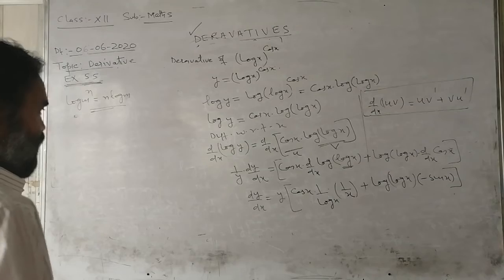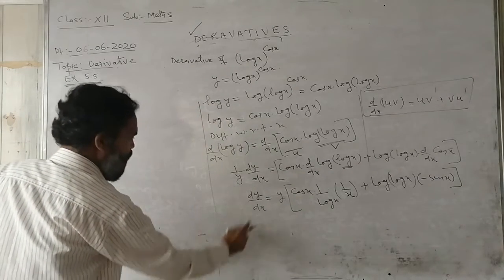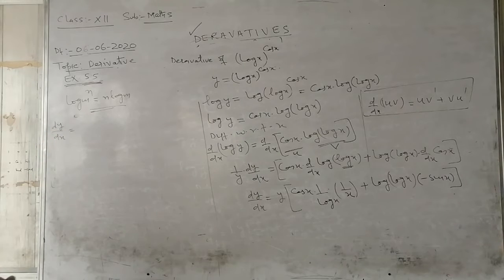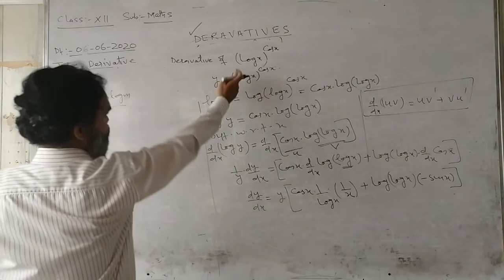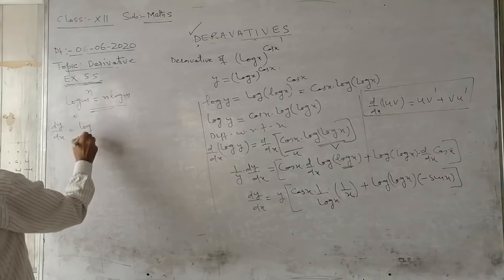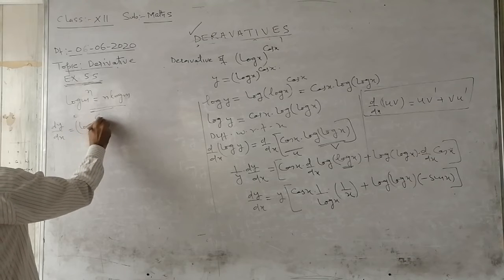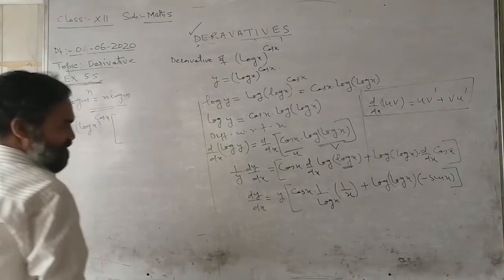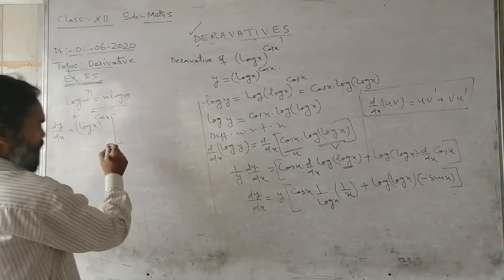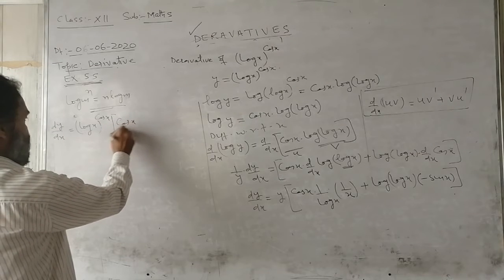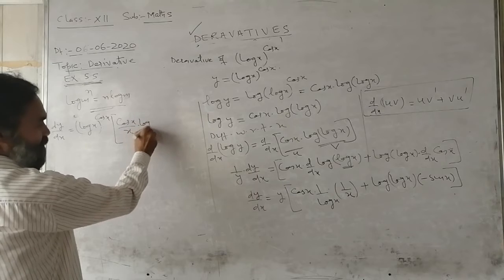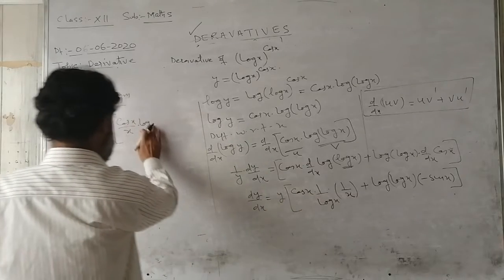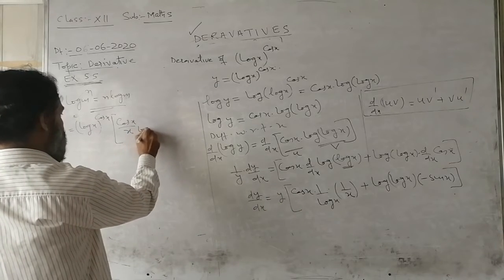So this will equal dy upon dx. Instead of y, we can write its value: log x whole power cos x into this cos x, and 1 upon x can be written in this way, into 1 upon log x.